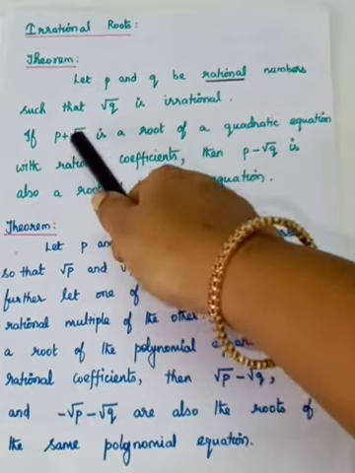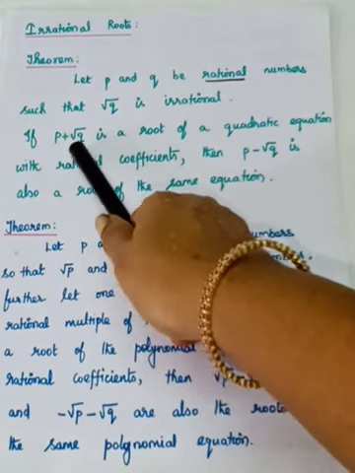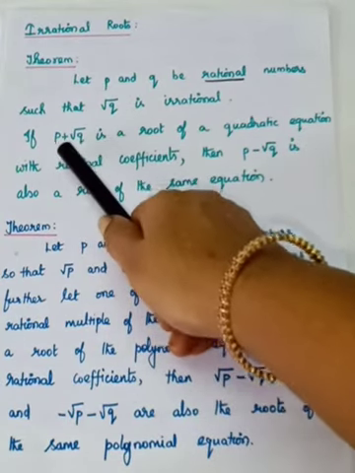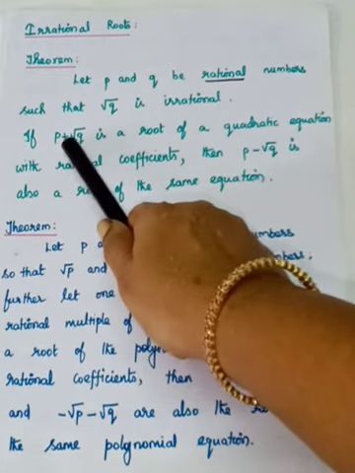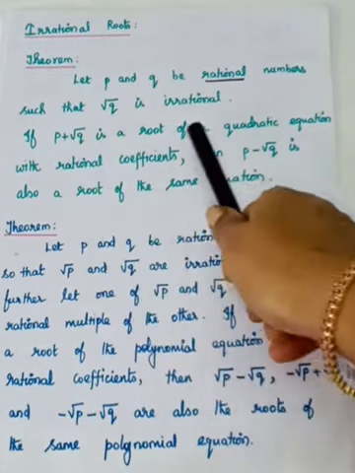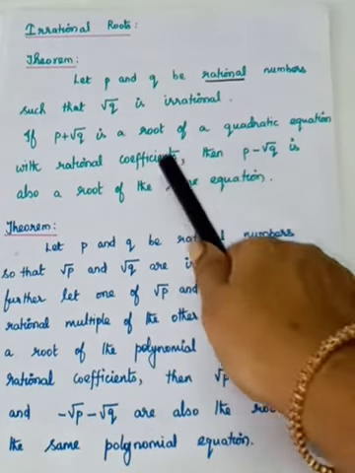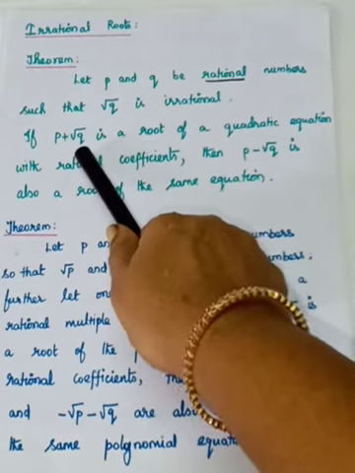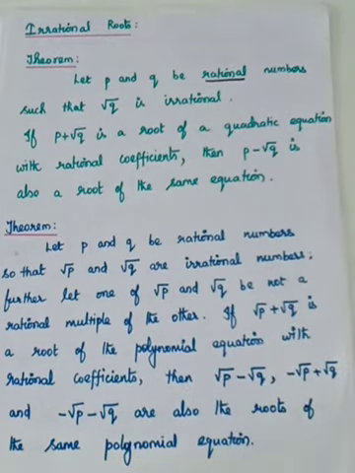Such numbers p plus root q are called surds, S-U-R-D, surd. So if p plus root q is a root of a quadratic equation with rational coefficients, then p minus root q is also a root of the same equation.